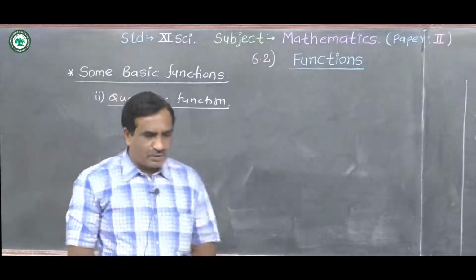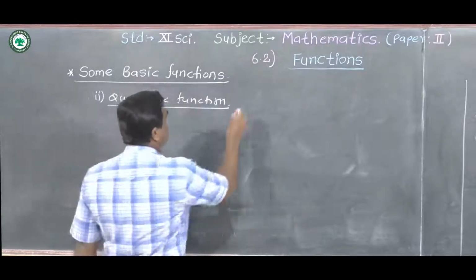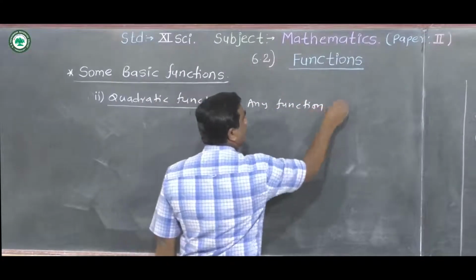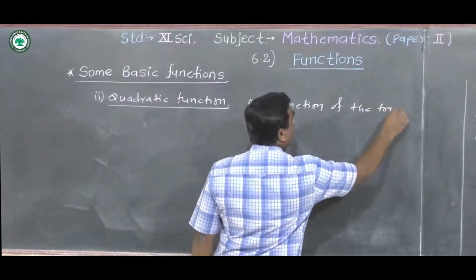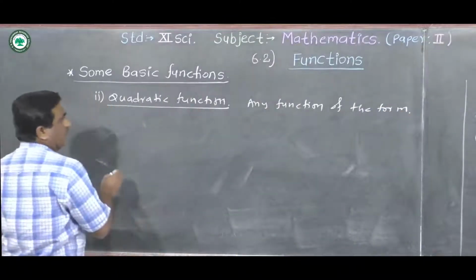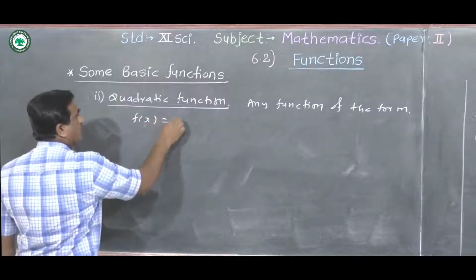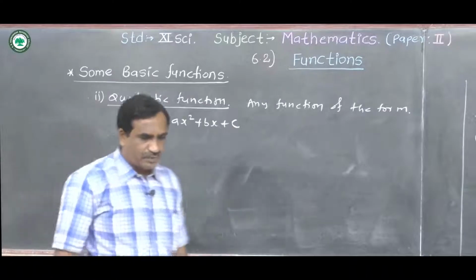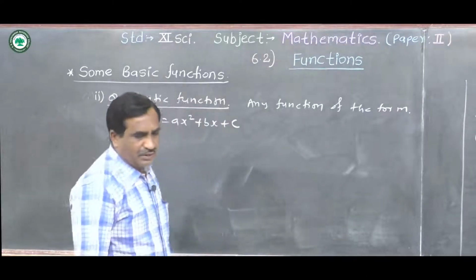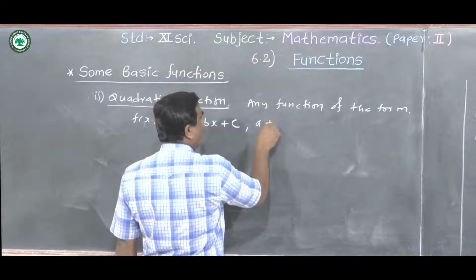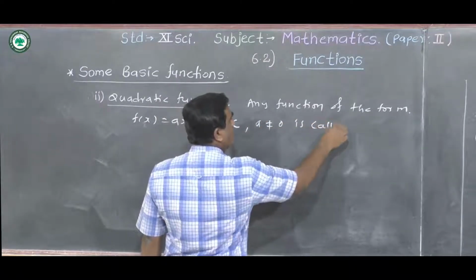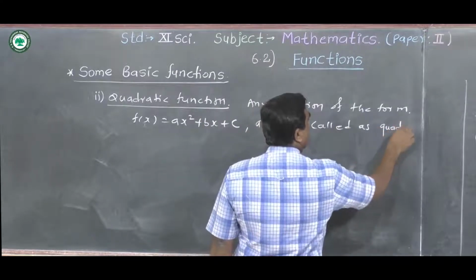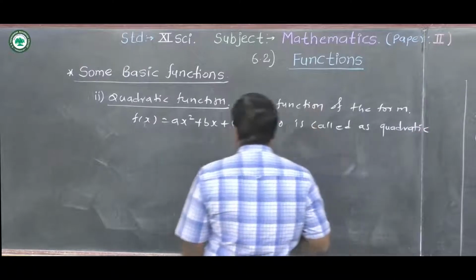A definition for quadratic function: any function of the form f of x equal to ax square plus bx plus c, where a is not equal to 0, is called as quadratic function.